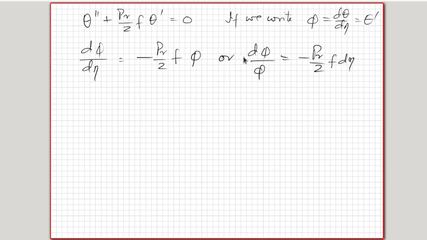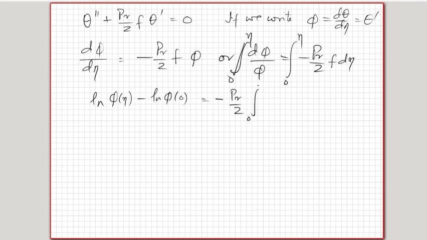So now if I try to integrate this from 0 to eta, okay, then what I'll get is log phi at eta minus log phi at 0 is equal to, the Prandtl number is a constant, so it's minus Pr by 2 into the integral from 0 to eta of f d eta, let's write a dummy variable here because the limit is eta. So f d eta tilde. Okay, so this is the expression.